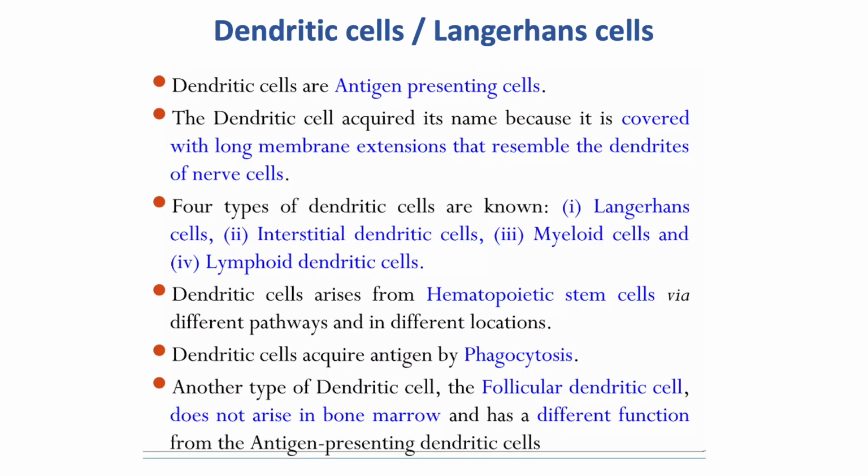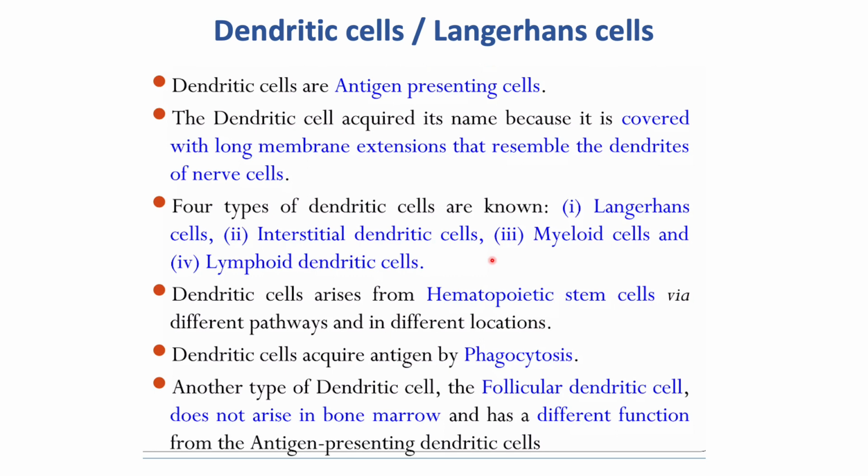Further, there are dendritic cells or the Langerhans cells. These are antigen presenting cells. The dendritic cell acquired its name because it is covered with long membrane extensions that resemble the dendrites of nerve cells. There are 4 types of dendritic cells: Langerhans cells, interstitial dendritic cells, myeloid cells, and lymphoid dendritic cells.